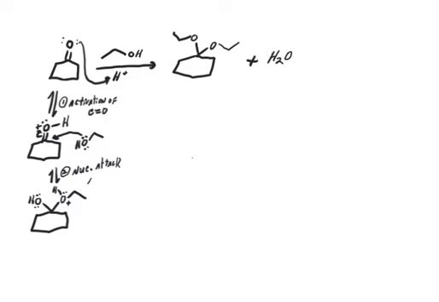So I'm going to take the alcohol, which I have in abundance in this reaction, and that alcohol is going to take that hydrogen off. So it's going to transfer the proton from the ether that I've just created, and it's going to transfer it to the alcohol.